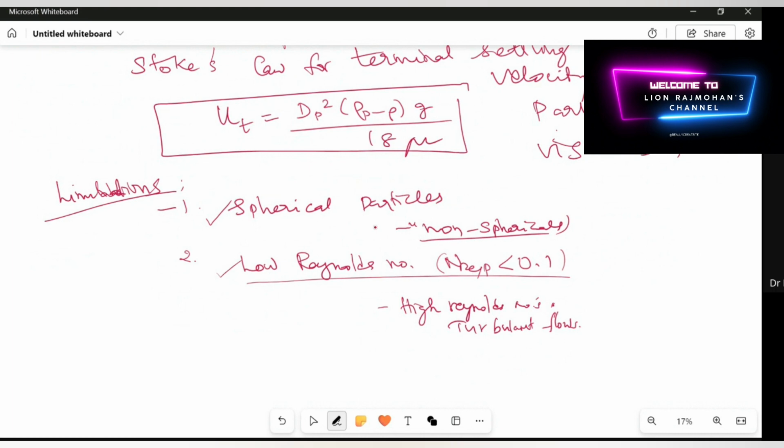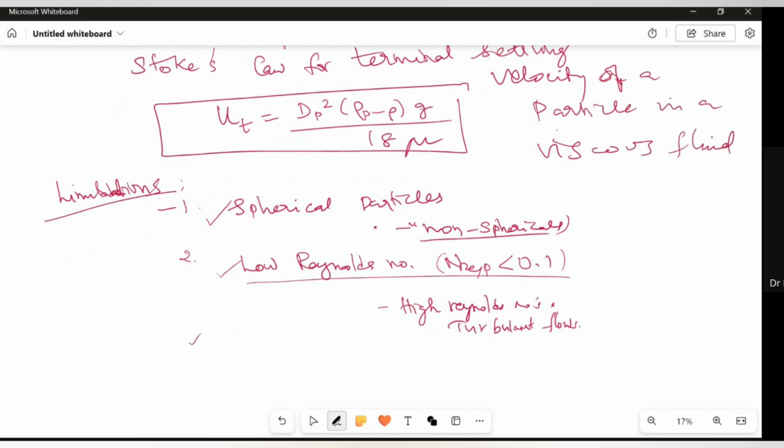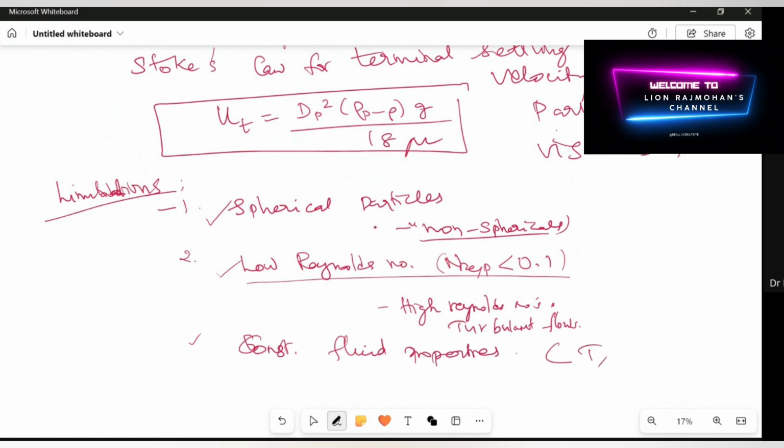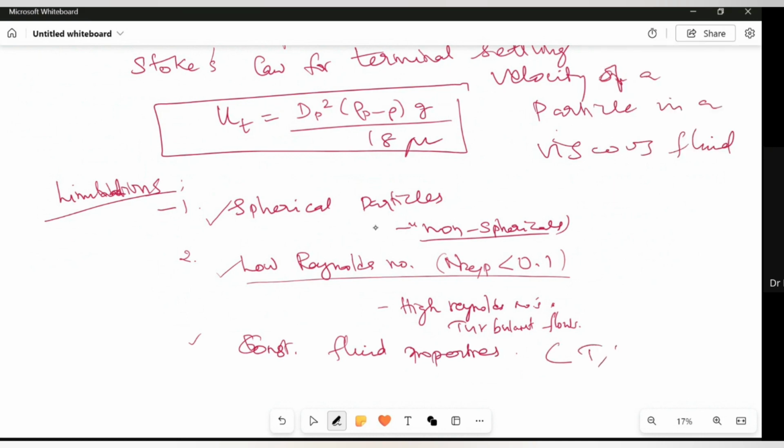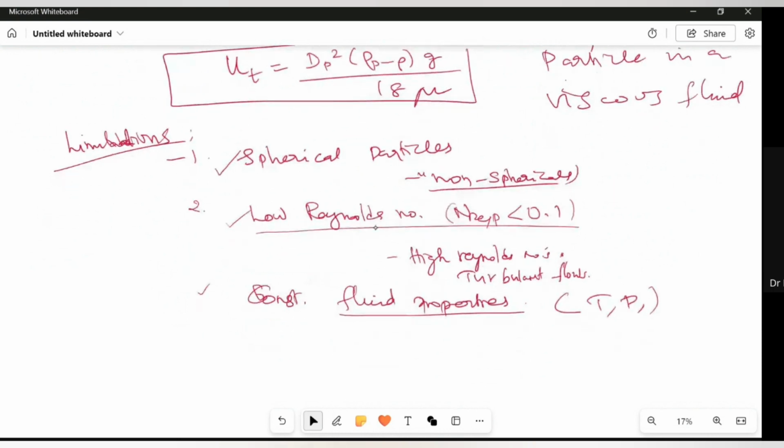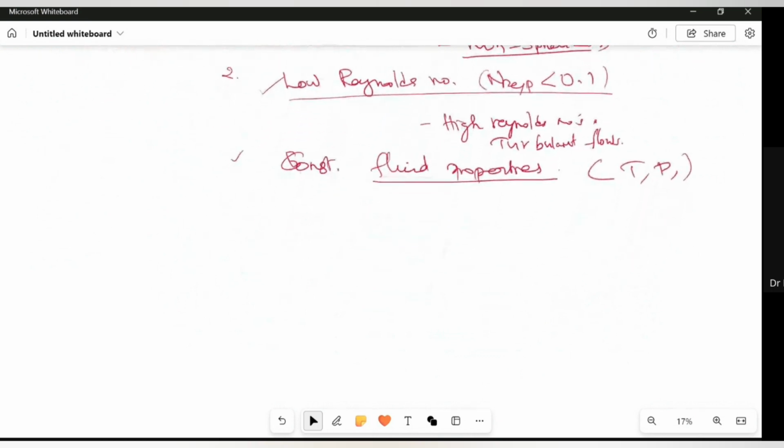It is not applicable for high Reynolds number and turbulent flow, and it also assumes constant fluid properties. But in real situations, as mentioned during the assumptions, due to temperature and pressure variations and other reasons, the fluid properties may change. So these are some of the limitations.